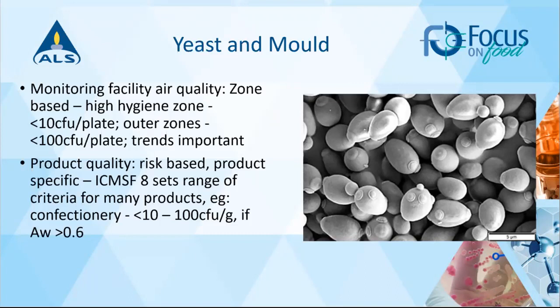One of the examples worth noting is a specification for yeast and mold in confectionery, which sets the m value at less than 10 CFUs per gram and the large M value at less than 100 CFUs per gram.